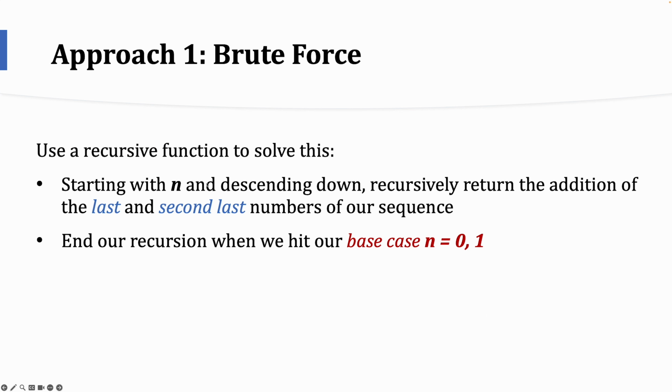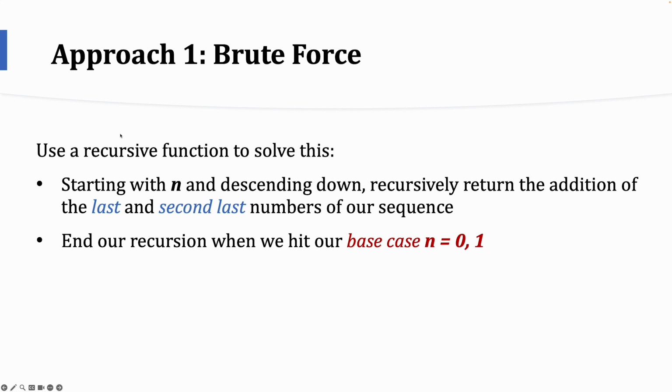The brute force here is pretty straightforward. We start with n, and then descending down, we recursively return the addition of the last and the second last member of our sequence. And what are your base cases? Your base cases are n equal to 1 and n equal to 0. So we're going to go all the way back until we hit the base cases, right?